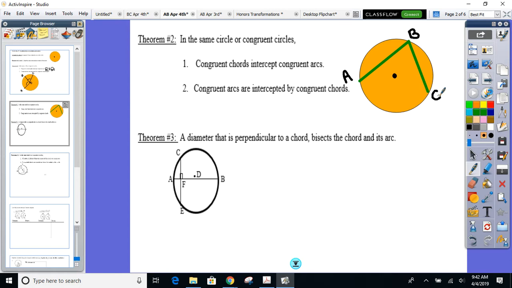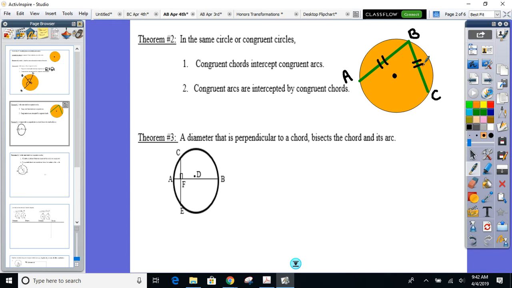We all right over there? Okay, good. Mark them congruent now. I know it's been a while since you've used these markings, but mark your chords congruent. Here's what this next theorem says: if your two chords are congruent, so are the arcs.